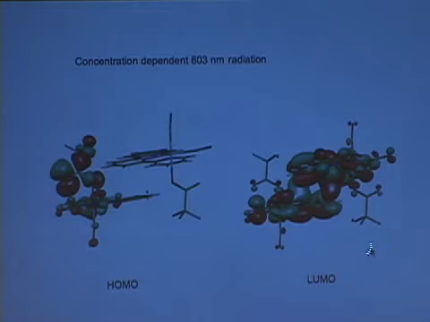And then for this newly synthesized complex, there are all these spectroscopy data. Particularly this one, there's a concentration-dependent 603 nanometer emission that is very hard to assign. And the thing is that they don't even know whether this complex can form an oligomer in solution.